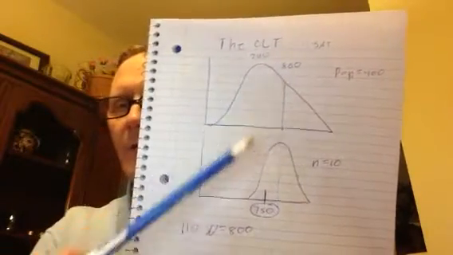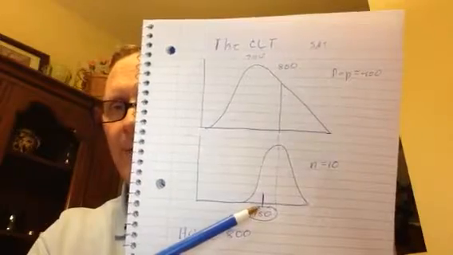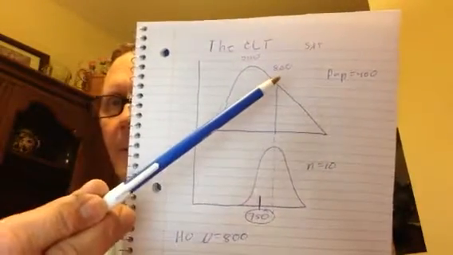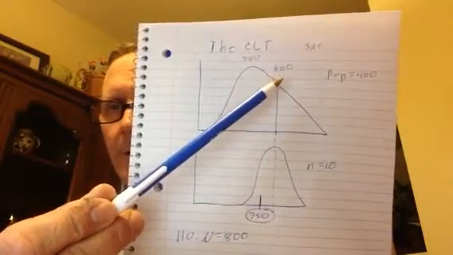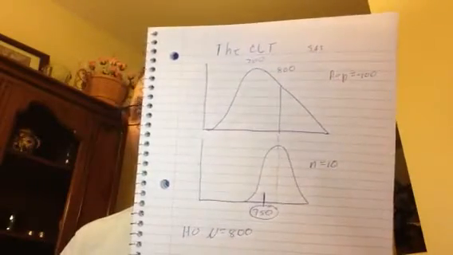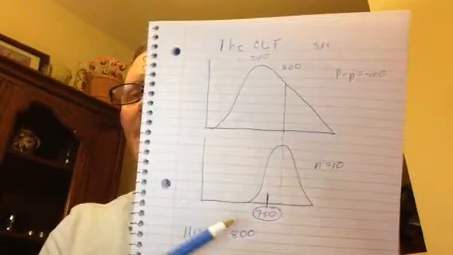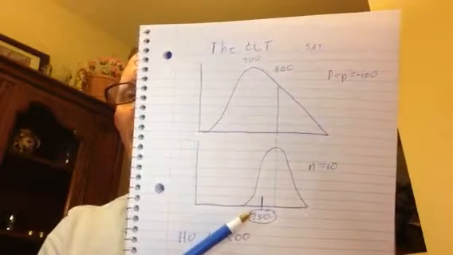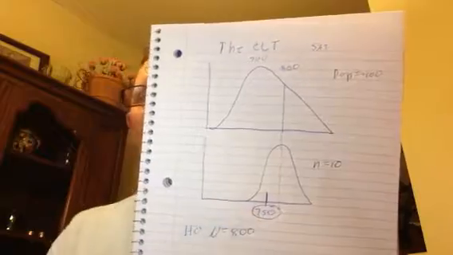Here's the question: could we have got a sample mean of 750 if the population mean was 800? The answer is yes, we could have. We could have just happened to get one of the samples that had a smaller mean. But here's the key: how likely is that? It's not that likely, because it's at either end of the distribution of sample means.